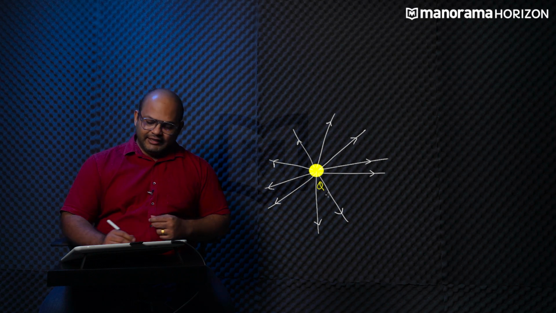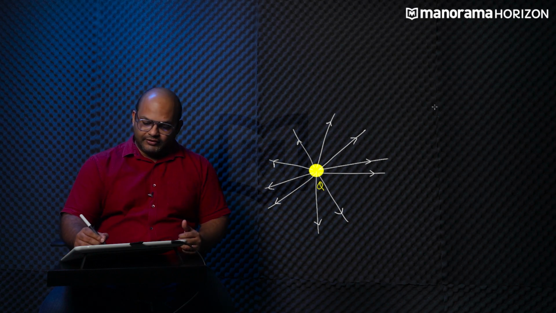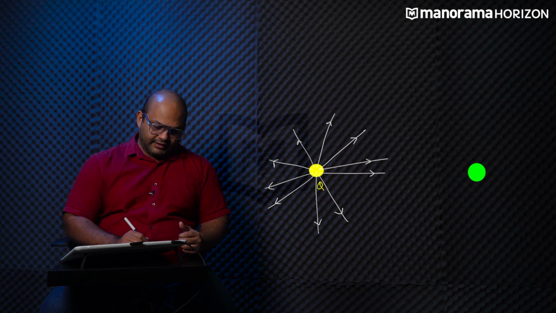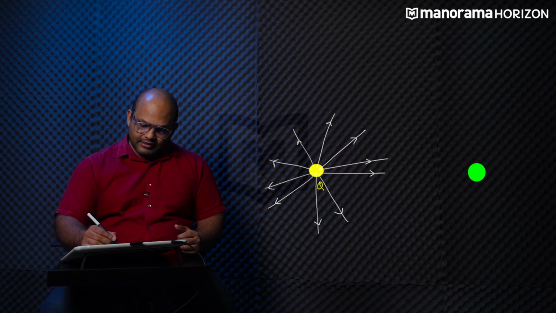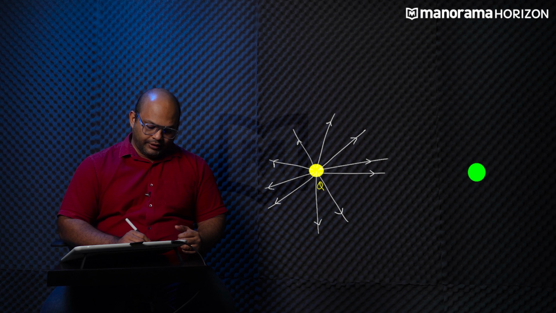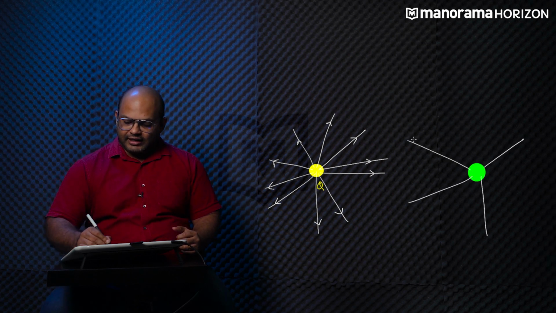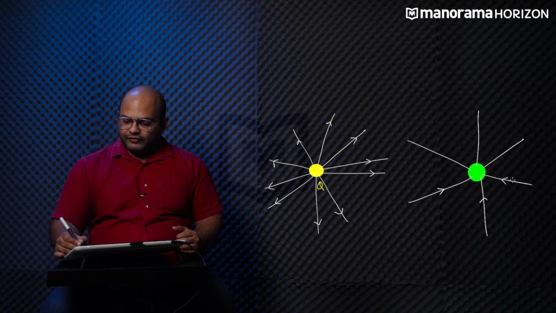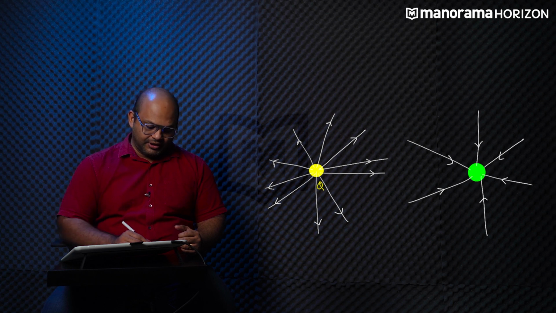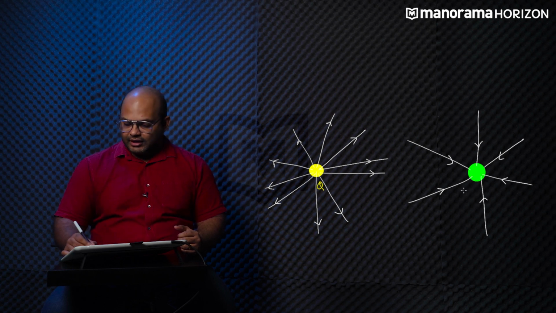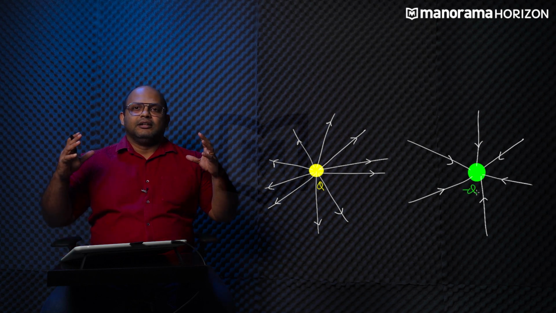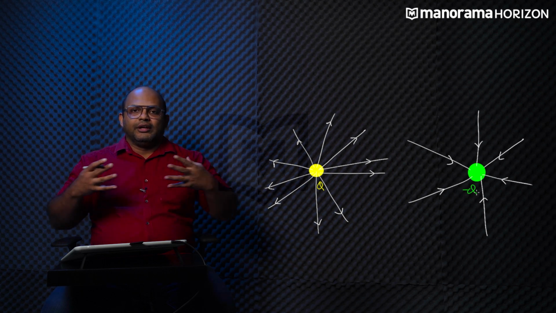Conversely, if we are dealing with negative charges, so let's say we have a negative charge, we will say that the electrical field lines in this particular case are oriented inwards. So in this case, again, we have radial straight lines, and the orientation of the electrical field for a negative charge. So this is a positive charge. Let's say this is a negative charge, negative Q. The electrical field lines will be oriented inwards.